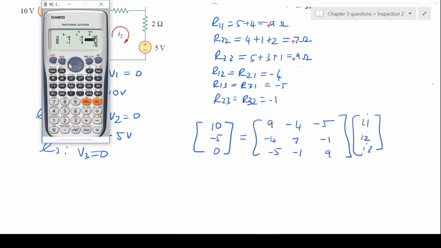Right, so if we double check everything, that's 9, -4, -5, that's -4, 7, -1, -5, -1, and 9, and the answer matrix is 10, -5, and 0. Right, and if we solve for that, we get I1 as 2.08 amps.